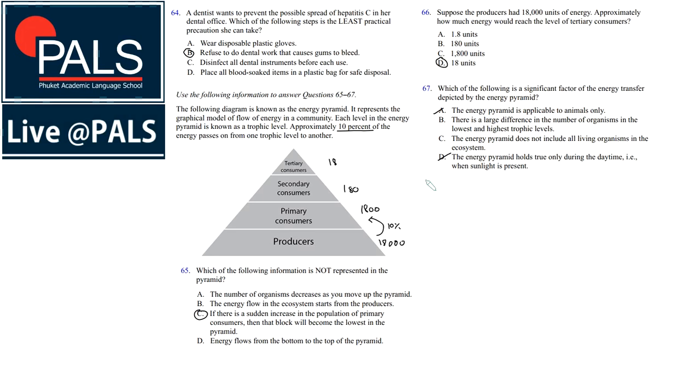So it's either B or C. Which of the following is a significant factor of the energy transfer that is depicted? There is a large difference in the number of organisms in the lowest and in the highest trophic level, so that should be the correct answer.